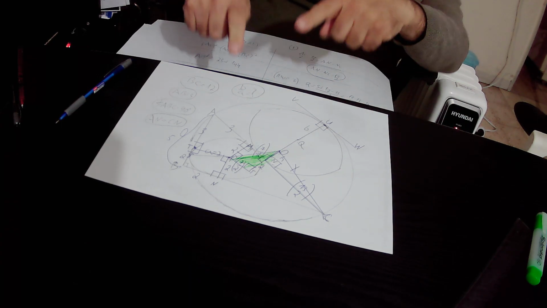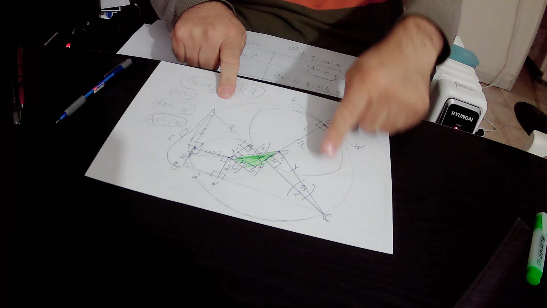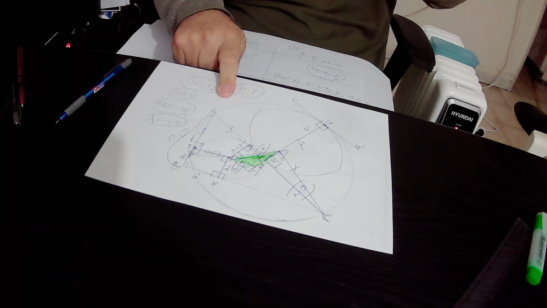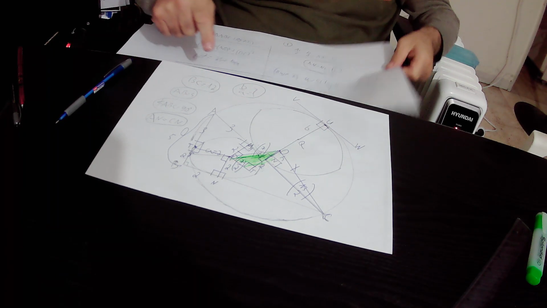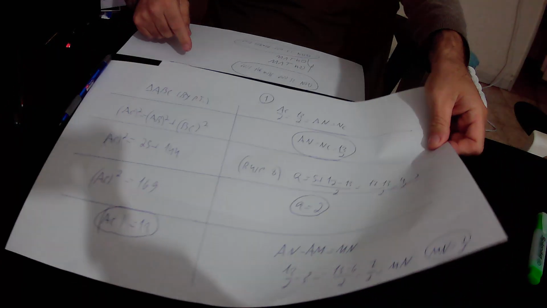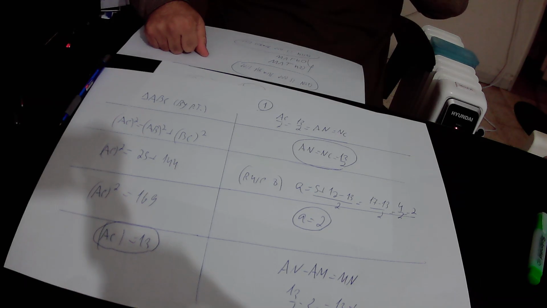But we also know that AN is equal to NC. That is to say, at point N, the hypotenuse AC is bisected into two halves. The first half is AN and the second half is NC. So AC over 2 is the two halves.